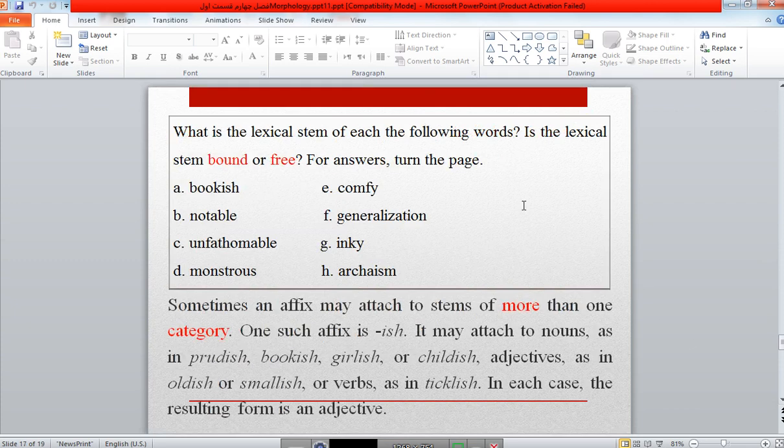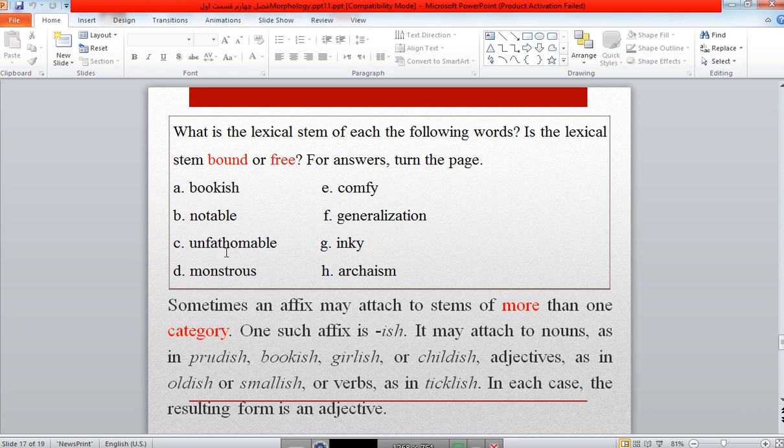Look at this exercise. What is the lexical stem of each of the following words? Is the lexical stem bound or free? You see, bookish. If we delete this part, the suffix ish, book remains. So book is a kind of free stem. Notable, again, if we omit able, note is a kind of free stem.